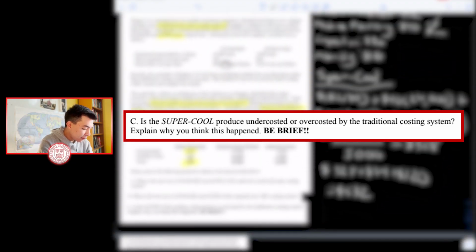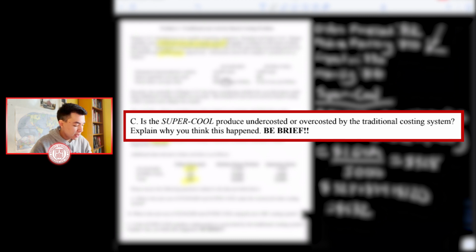So let's look at part C. Part C says, is the Super Cool product undercosted or overcosted by the traditional costing system? Explain why this happened, be brief. I'm looking at here, and I would say that the Super Cool product is undercosted. Because when we're using traditional costing, we thought it cost $460 to make this product.